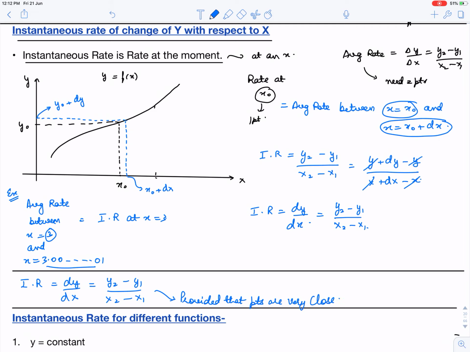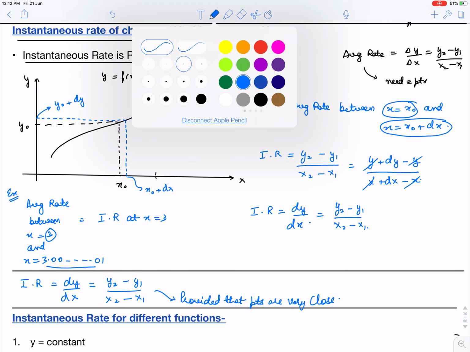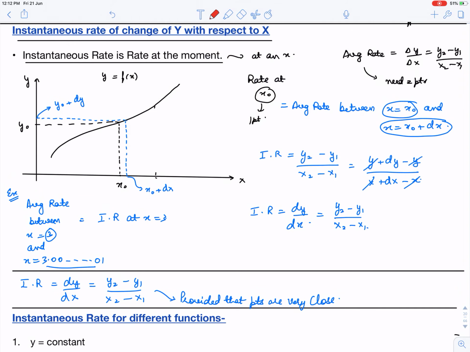Now there was another fact about it, that the rate can also be written as the slope of the secant joining the initial and final point. The average rate could also be written as the slope of the secant joining I and F. Consider the initial point over here and the final point over here and join them, and you'll realize that the secant over here turns to a tangent.